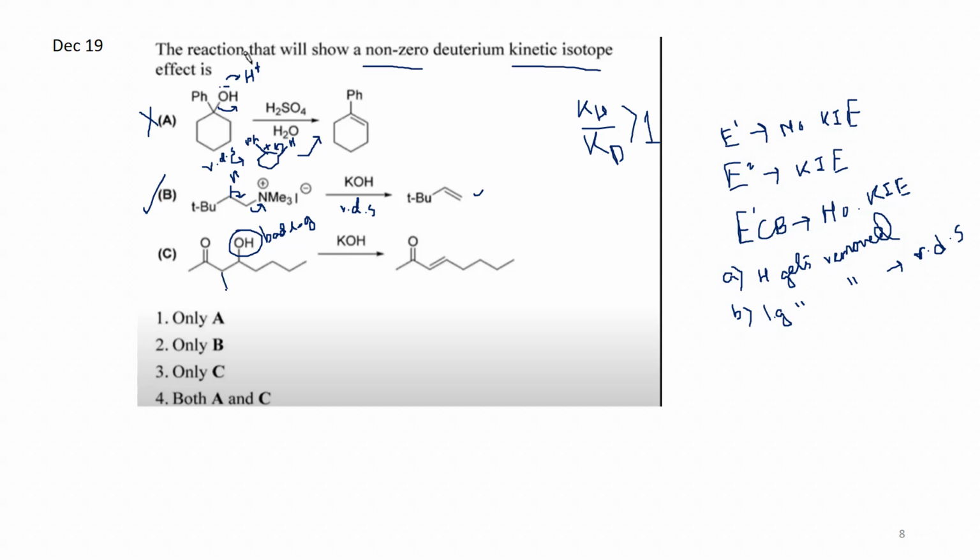So there is a proton which is highly acidic. So this OH minus takes this proton and generates a carbanion.